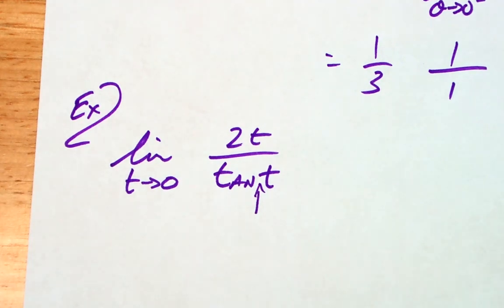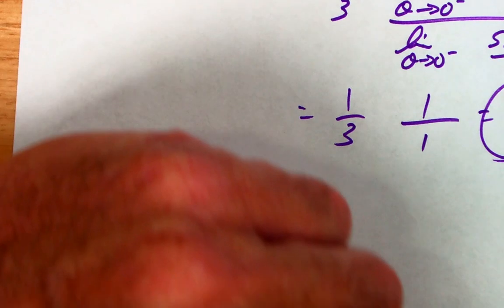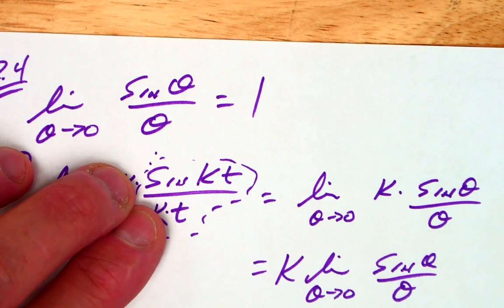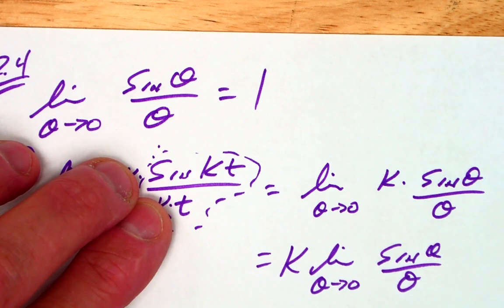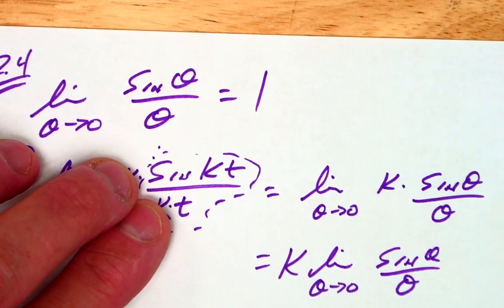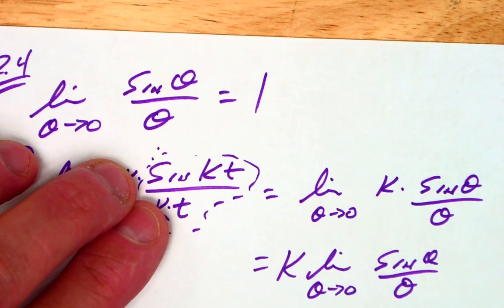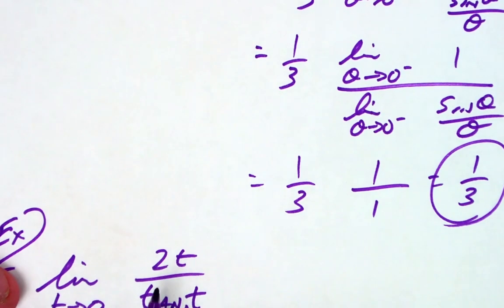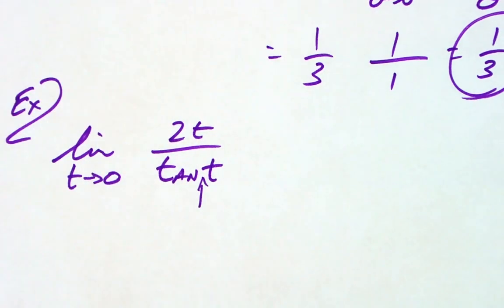Okay? So you'll notice that, say, up here, the only place we could magically put a k was outside of the trig function. If it was already there, we can go ahead and multiply top and bottom by k and bring in the k. That's okay. But in this case, we got that 2 that I don't like because there's not a 2 inside my tangent. So what should we do?